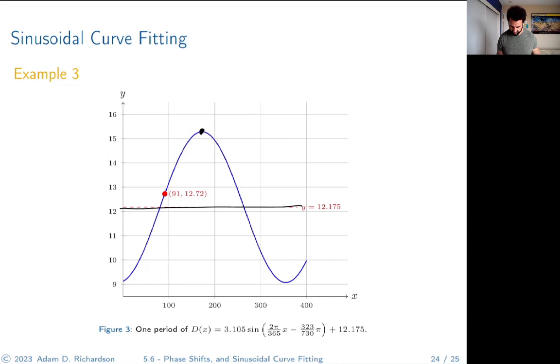Here's the midline, 12.175. I also took the time to plot this data point. This is the data point that our model produced to give us the estimate for how many hours of sunlight there were on the 91st day of the year, April 1st. So that's what it looks like.